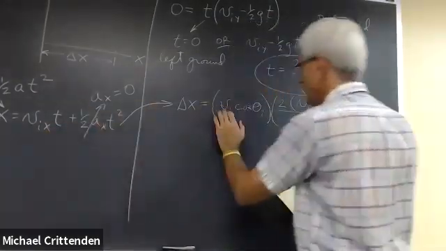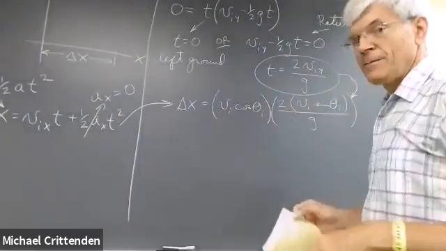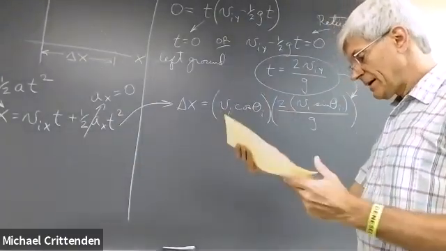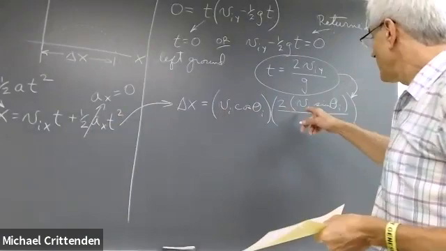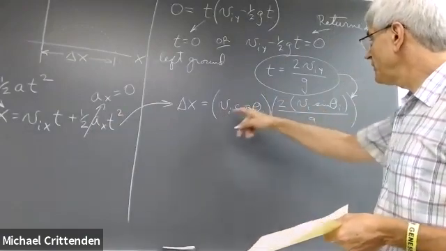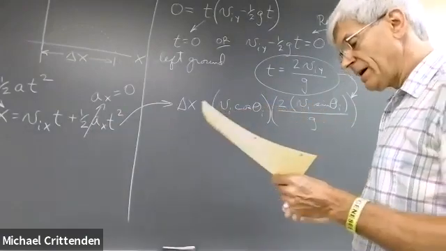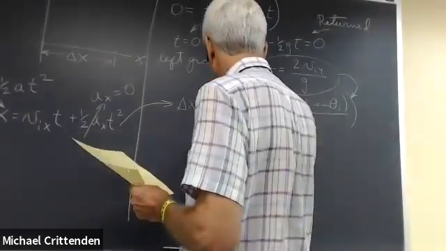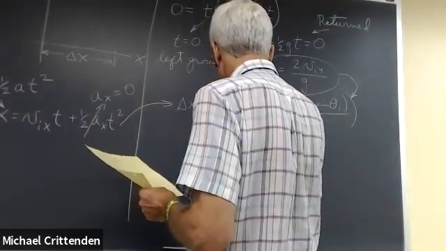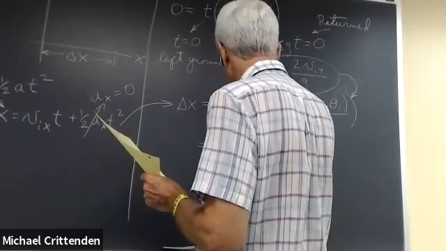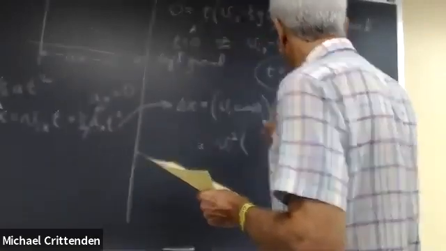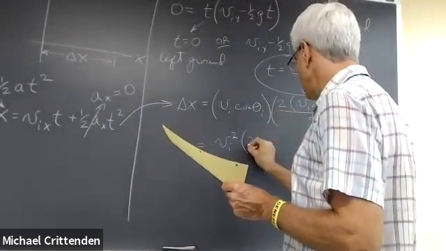V initial x is hypotenuse times cosine. And now a few lines of algebra to kind of clean that up. For example, there are 2 v initials in there that we can combine into a v initial squared. And kind of rearranging the order on the rest of it.